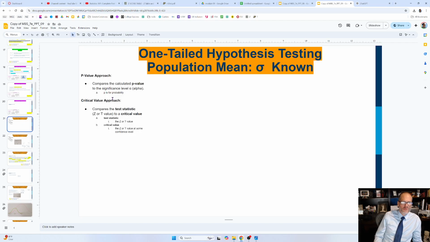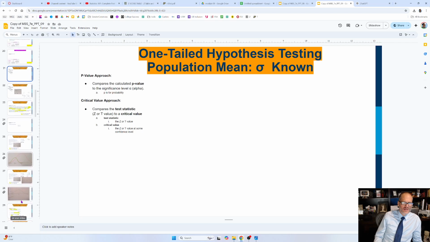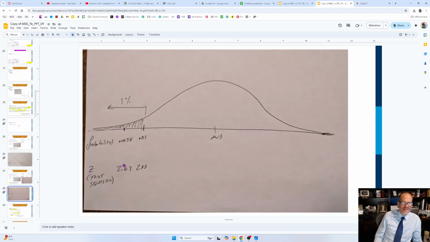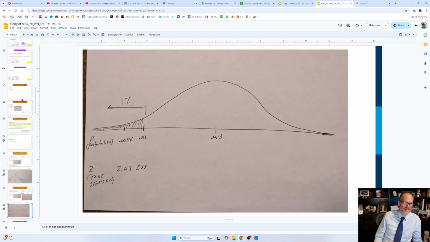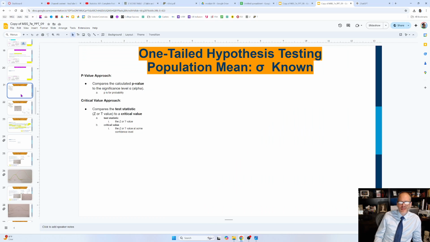The critical value approach compares the test statistic, z or t value, to a critical value, right? And so here, my test statistic is being compared to a critical value, and they're calling that the critical value right there. So that's the critical value approach, the z-value approach, test statistic approach. I called it the test statistic approach, but critical value approach would have been what to call it.